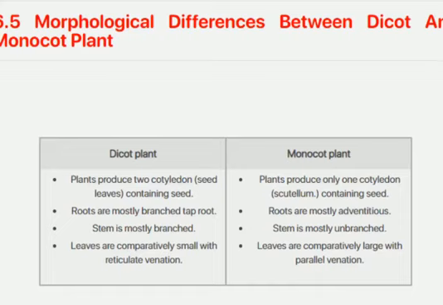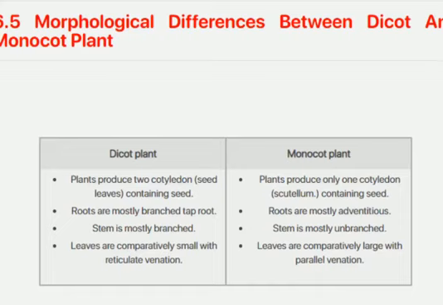Mono means single. So monocot plants are those plants which produce seeds containing a single cotyledon. Their roots are mostly adventitious roots, means no taproot is there. At the base, when the seed starts to grow, it will have branched or fibrous roots. Their stems are mostly unbranched.